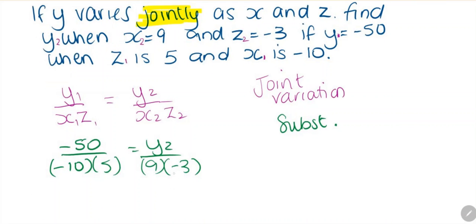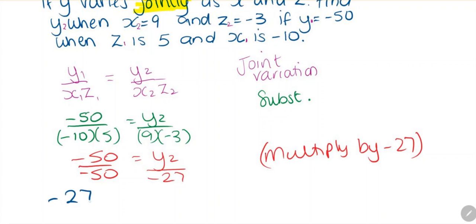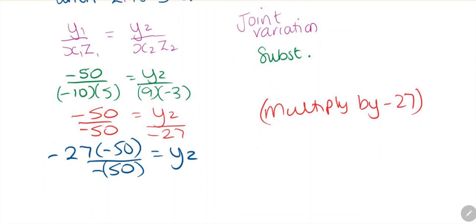This is minus 50 divided by minus 50, and this is y2 over minus 27. So I'm going to multiply by minus 27, which will eliminate the term. So I'll have minus 27 times minus 50 over minus 50, and that's just going to be equal to y2. Now these I'll simplify out, so y2 is going to be minus 27.